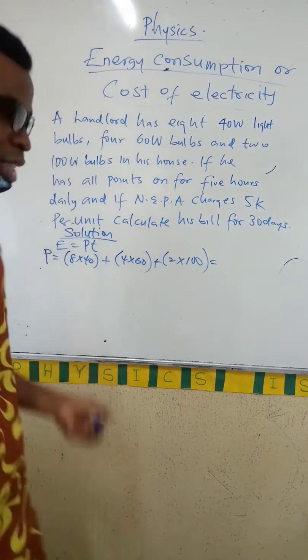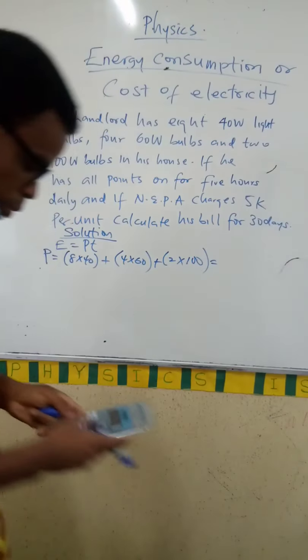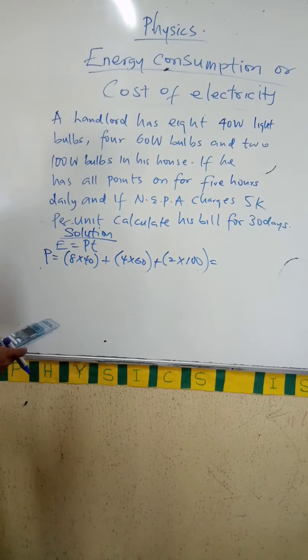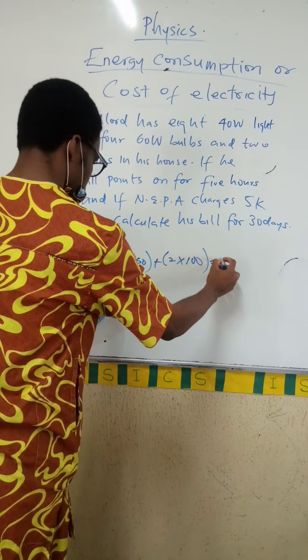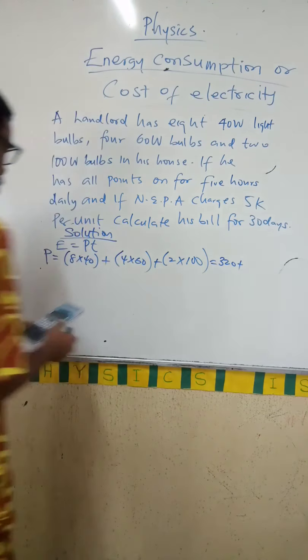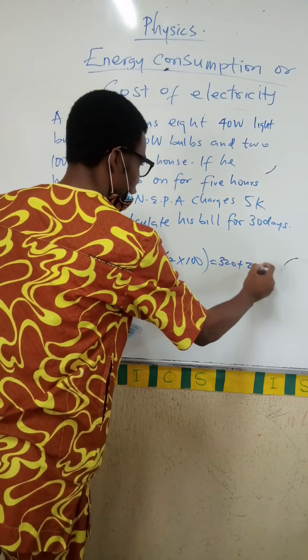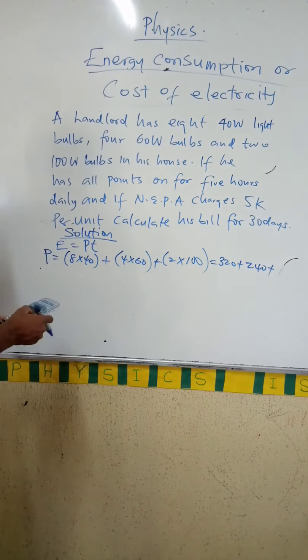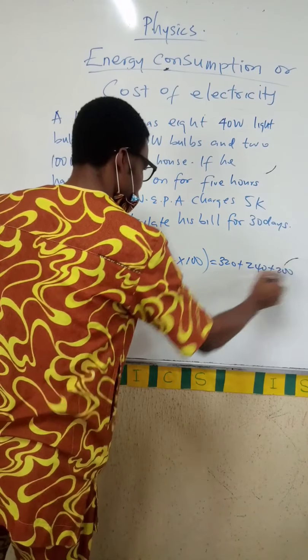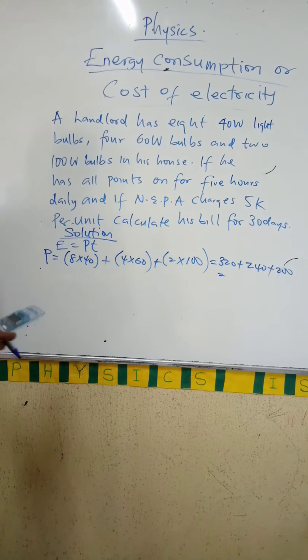Let's do that. 8 times 40, 320, plus 4 times 60, 240, plus 200. So all the power, 320 plus 240 plus 200.